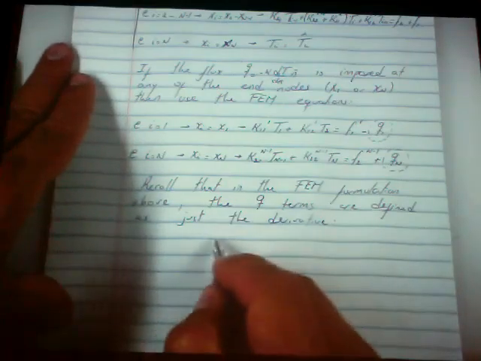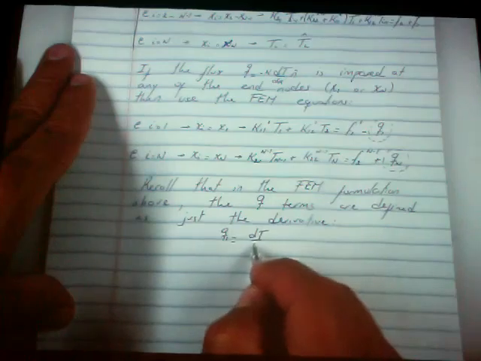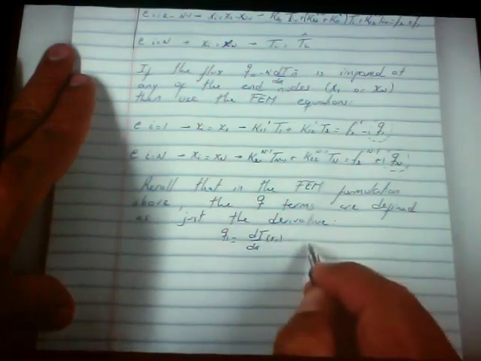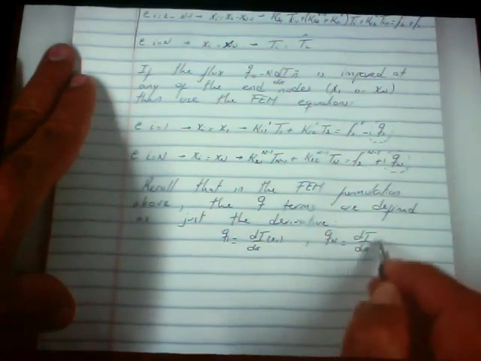That is, Q1 is equal to dT/dx at x1, while Qn is equal to dT/dx at xn.